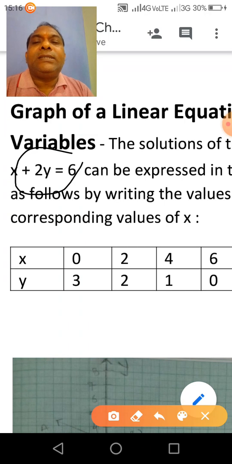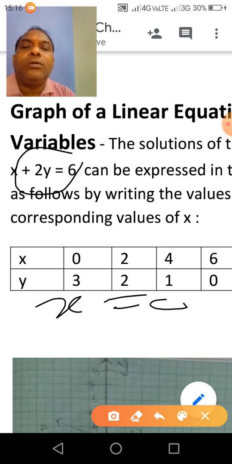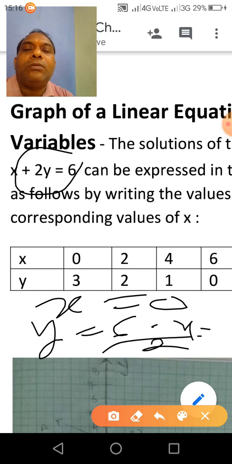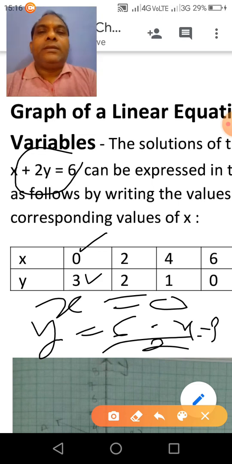So the equation is x plus 2y is equal to 6. Now put x is equal to 0. Then y will be 6 minus x upon 2, so y is equal to 3. Clear? So when x is equal to 0, then y is equal to 3.